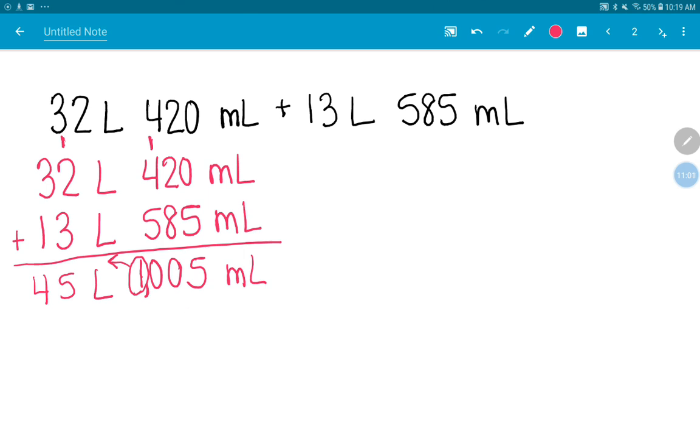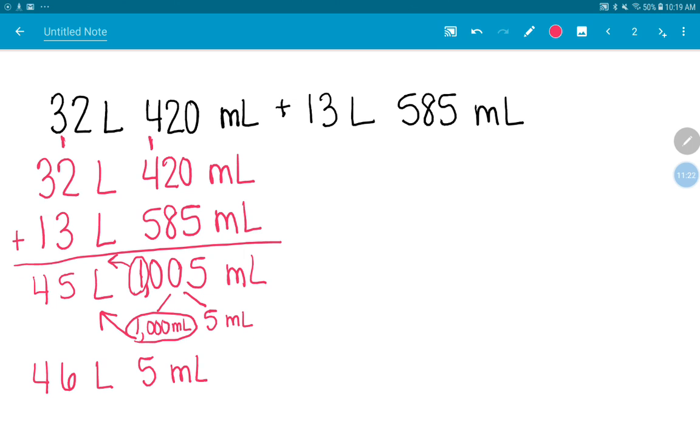But if I break that apart, I would have 1,000 milliliters, which we know is the same as 1 liter. And I would have 5 more milliliters. So I can move this one over, which becomes 46 liters, 5 milliliters. Very good job, Jaden.